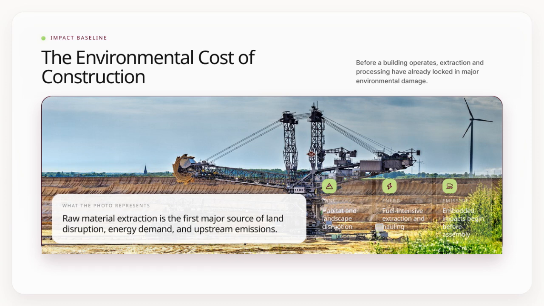Additionally, this extraction and the necessary hauling are energy intensive, relying heavily on fuel. As a result, emissions are generated right from the start, embedding environmental impacts well before any construction assembly begins. Understanding this baseline helps us see how the entire life cycle of a building contributes to its environmental footprint.